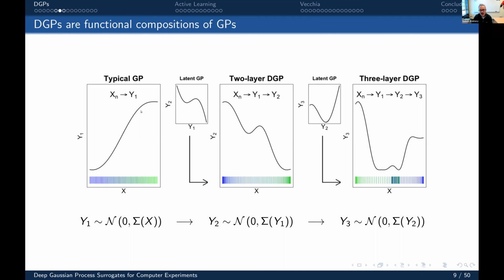Instead of doing that directly, what I'm going to do to create a functional composition is take those y values and shove them in as inputs to another Gaussian process, a latent Gaussian process, where I'm going to observe some other y values that I'm calling y2. And in this middle panel, I've gotten rid of the y1 layer for visualization purposes.